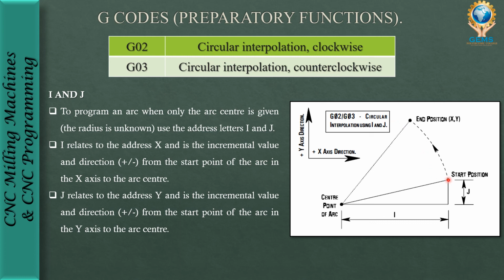The tool will come till this point. After this point, if you need any curve, you have to give the starting point J and this point I. Then only will the tool start from this position to take a curve. To take a curve, we need the I value and the J value in circular interpolation, whether in G02 or G03.